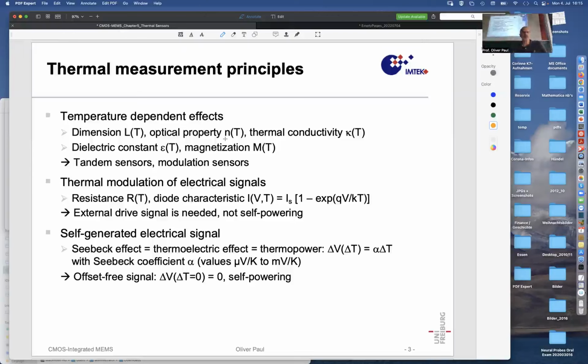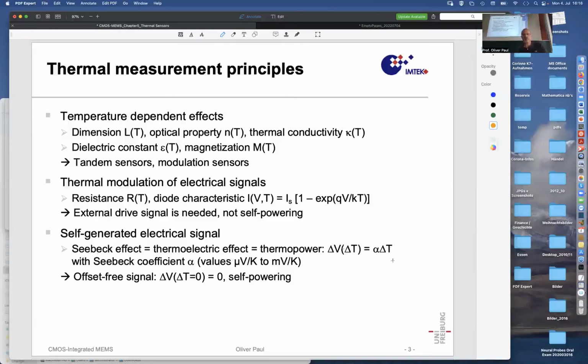Okay, and then in some cases, instead of applying some power source, some current source, which requires intricate circuitry and dissipates power by itself, some effects translate temperature differences or temperature changes immediately without any further effort. The Seebeck effect, the thermoelectric effect, or thermal power, as it is also called, is one of those effects.